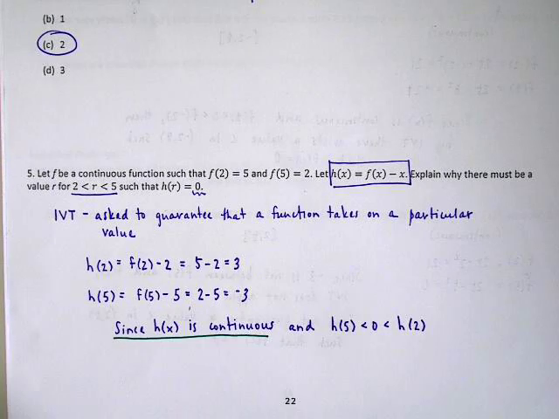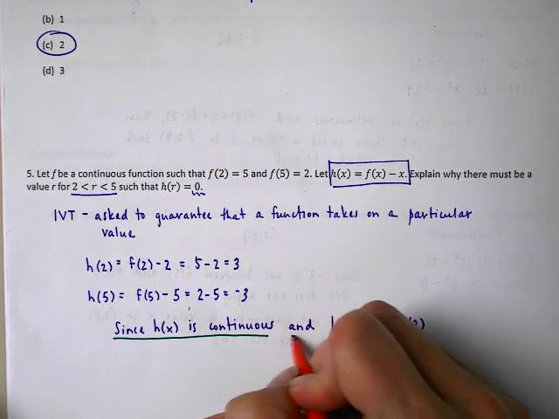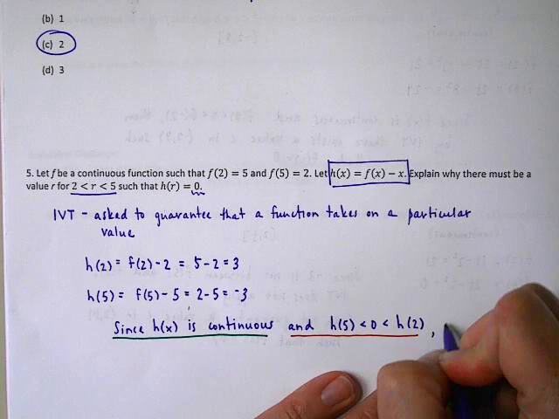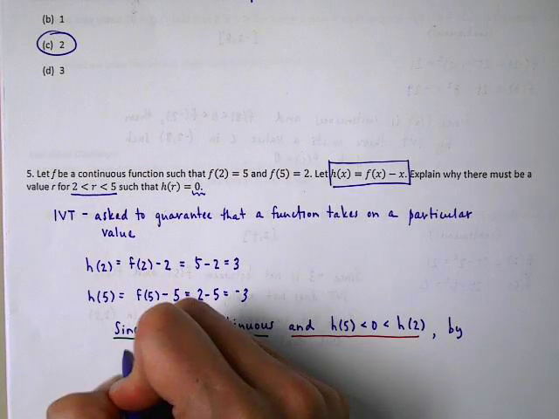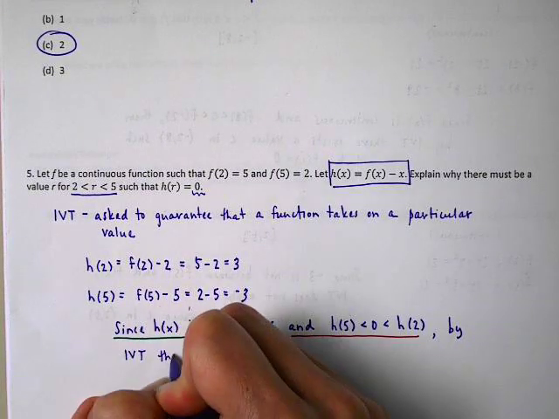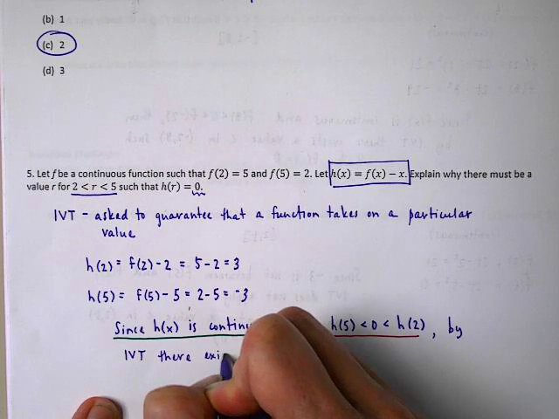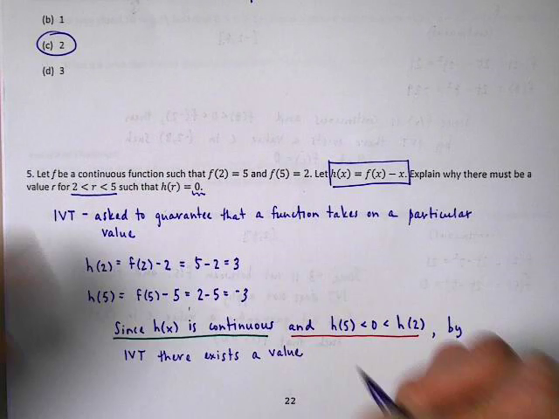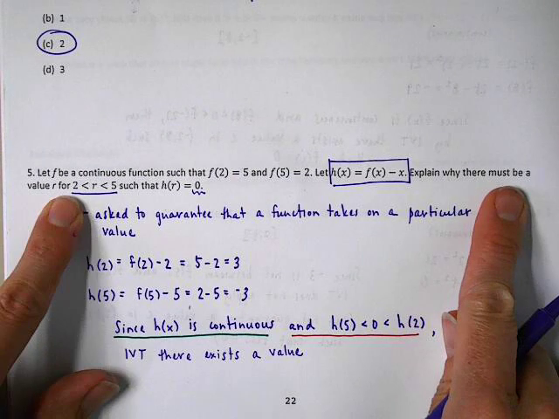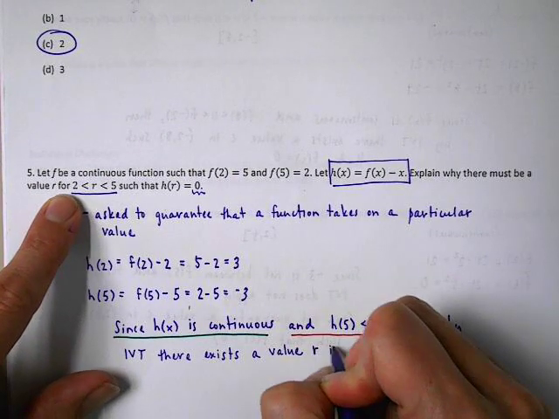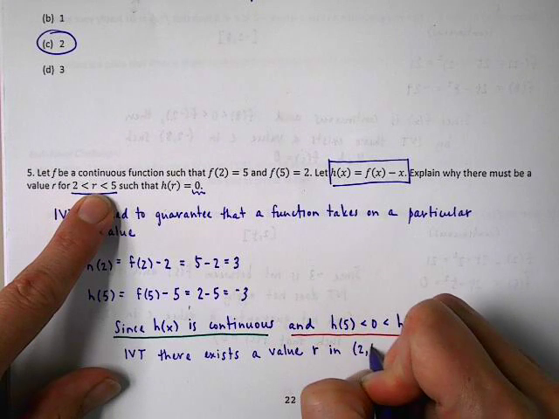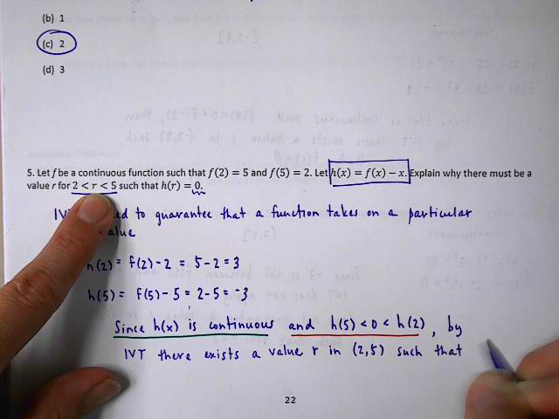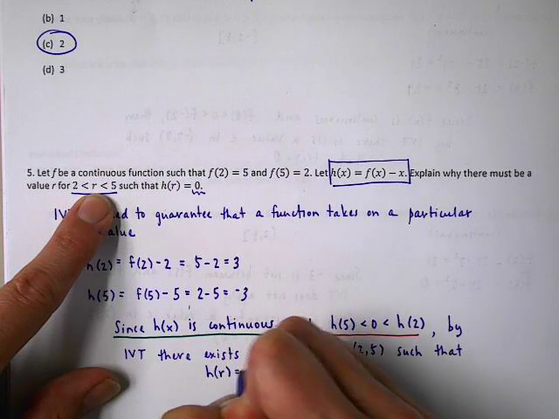That was our second condition. Now we can put our conclusion. By IVT, there exists a value r, and you can see I'm taking this from the problem. There exists a value r in this interval such that h of r equals 0.